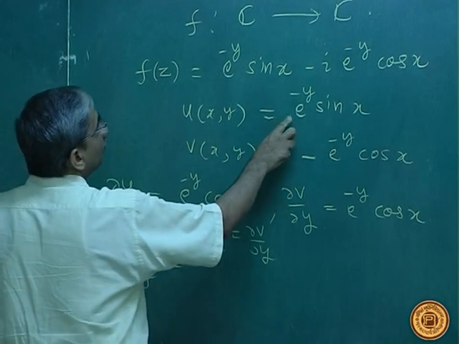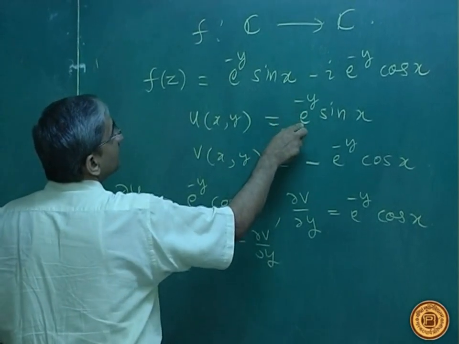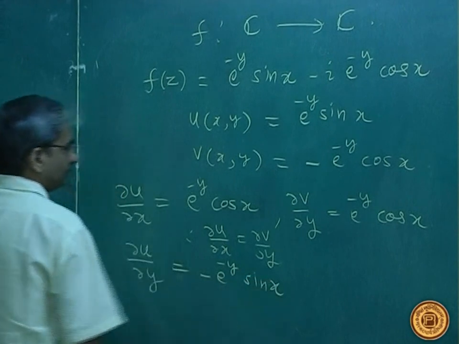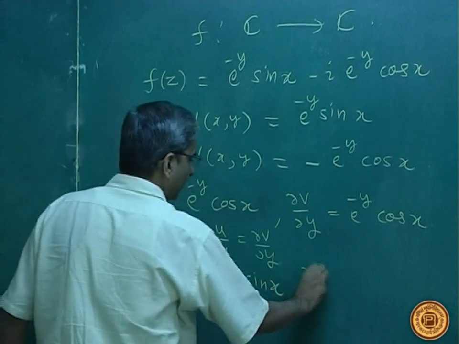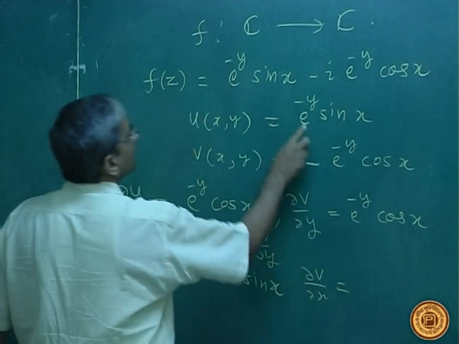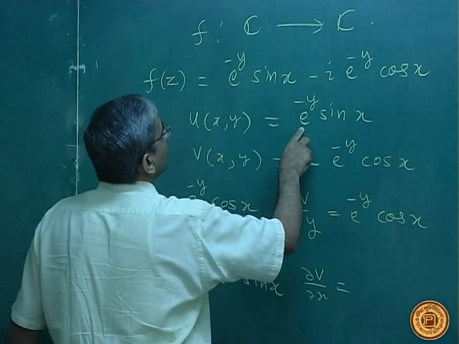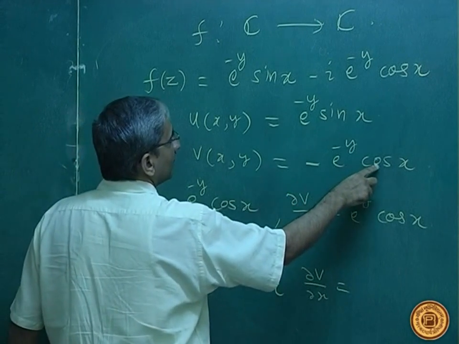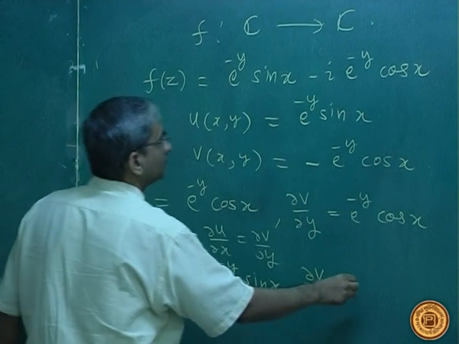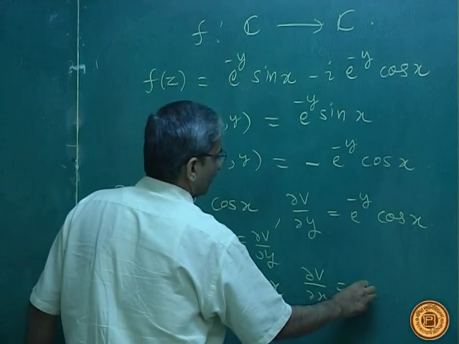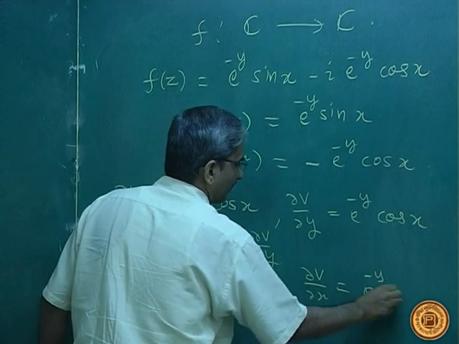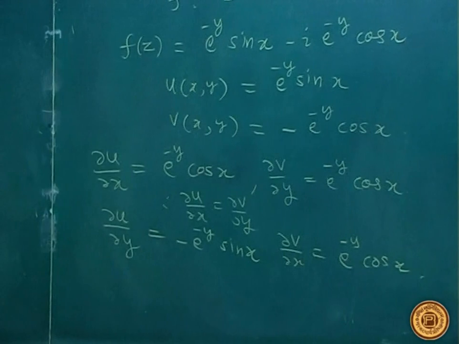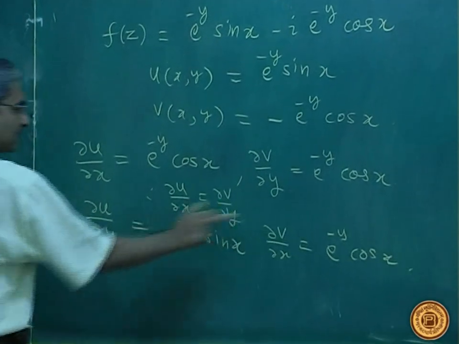This is u, so del u by del y means minus e raised to minus y sin x, and del v by del x is minus minus plus, it will become e raised to minus y cos x. So del u by del y is minus del v by del x.